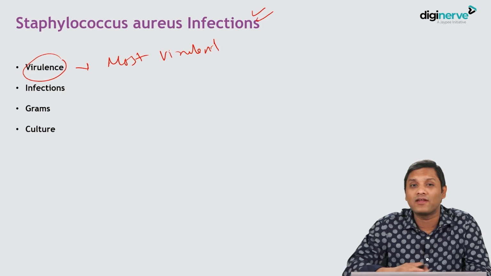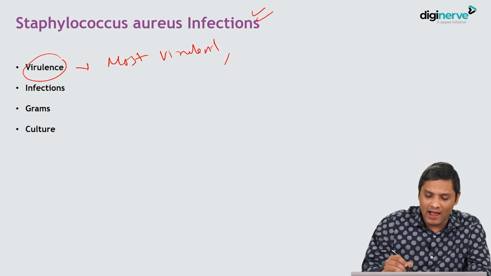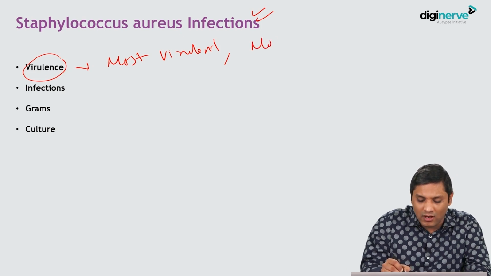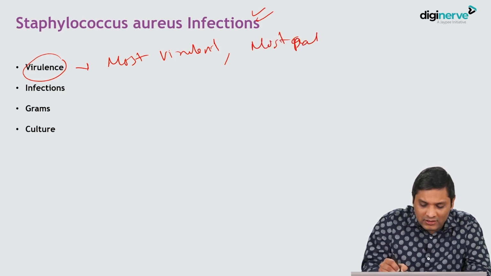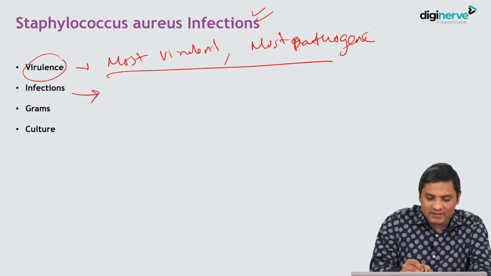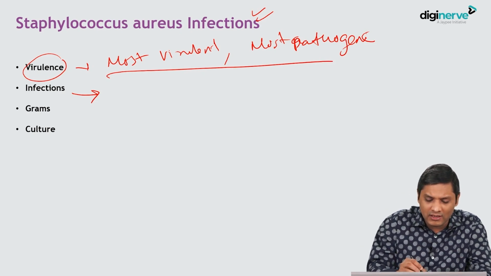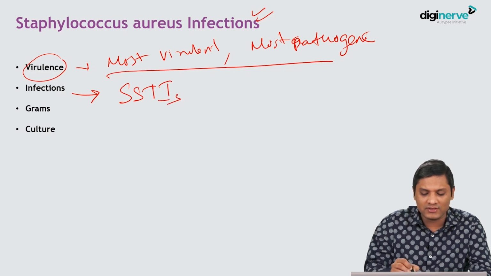It expresses several virulence factors which are not present in other Staphylococcus species, and this makes it more pathogenic than other Staphylococcus species. Okay, infections: it can cause widespread infection, though we are discussing Staphylococcus aureus under skin and soft tissue infection.